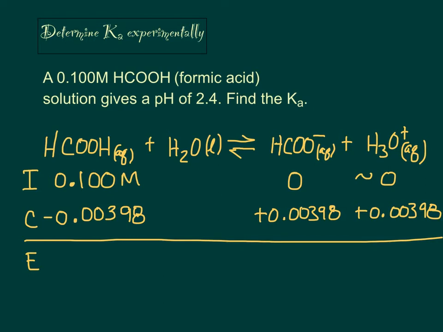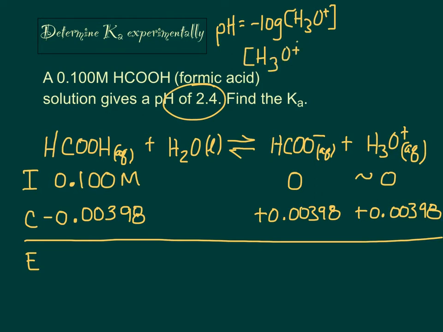Okay, we're going to go back to stuff we talked about a few days ago, or yesterday. Our pH of 2.4, we can use that to calculate our hydronium ion concentration. So remember, pH is the negative log of our hydronium ion concentration. And since we're given pH, the hydronium ion concentration is the anti-log.